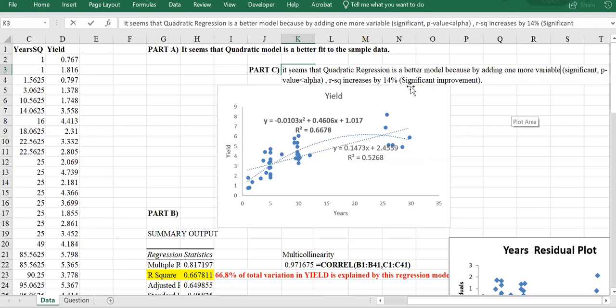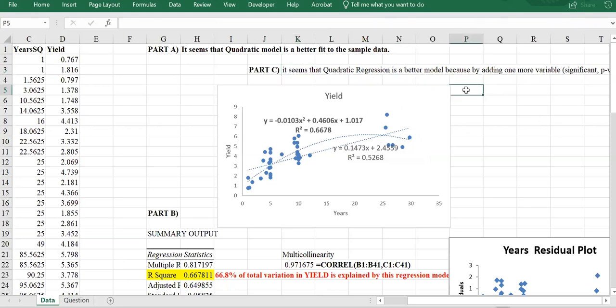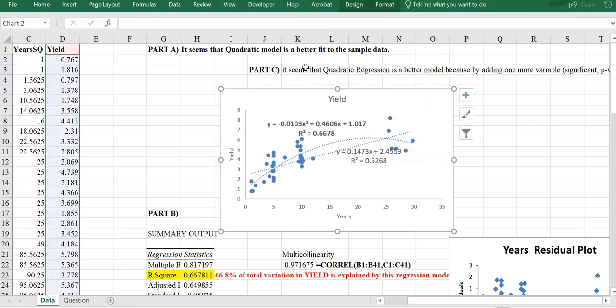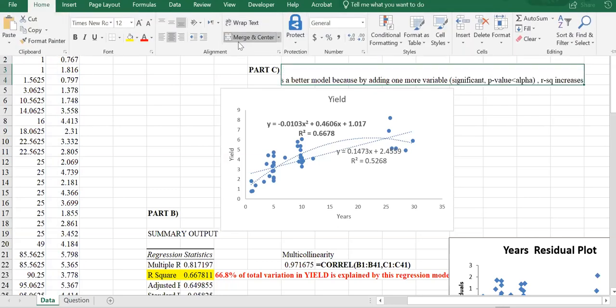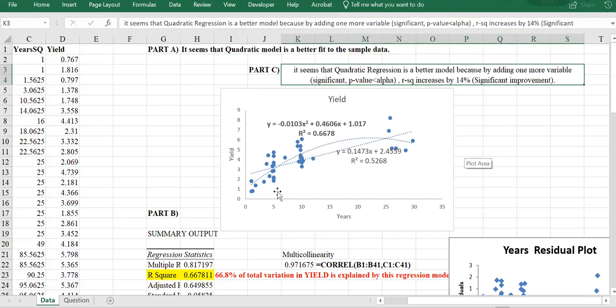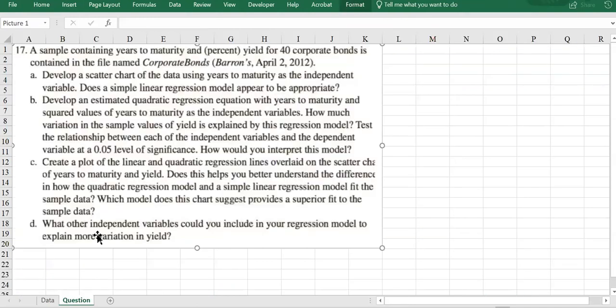So we just make it a little more complicated, but the reward is great. So I just merge this. All right. So that's the answer to part C of the question.